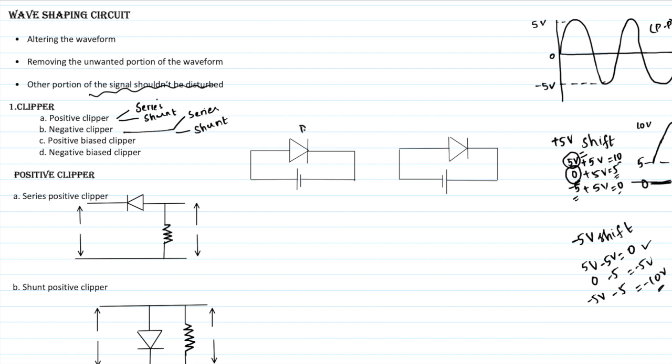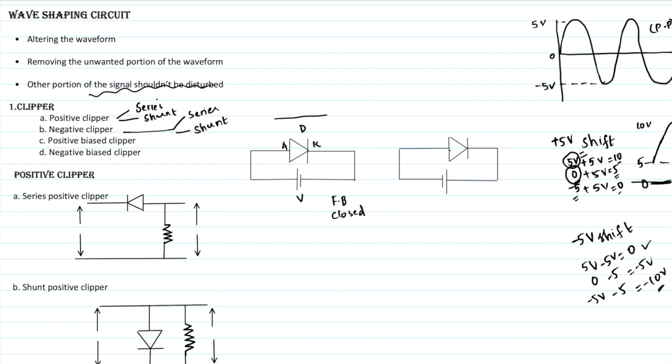See, this is the diode, this is the voltage. We all know if diode's anode is connected to positive, this means the diode is forward bias and the circuit is closed. When diode acts as a forward bias, then diode will act as a closed switch. So the connection will look like this.